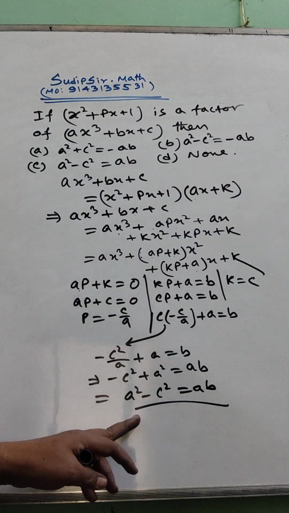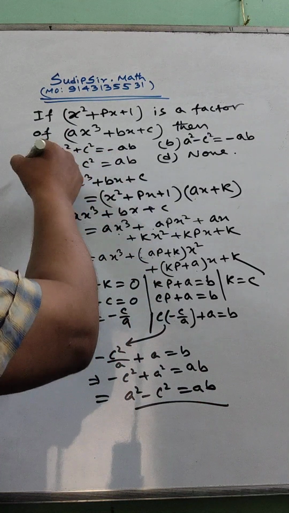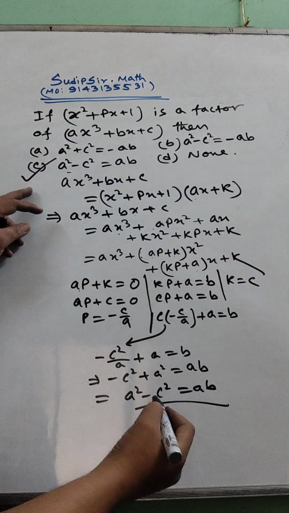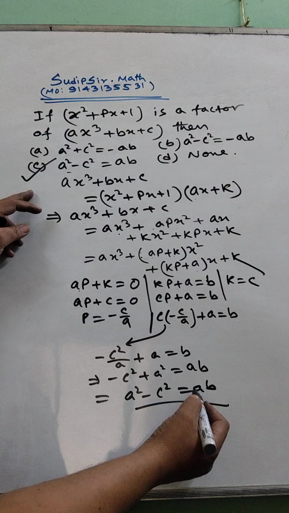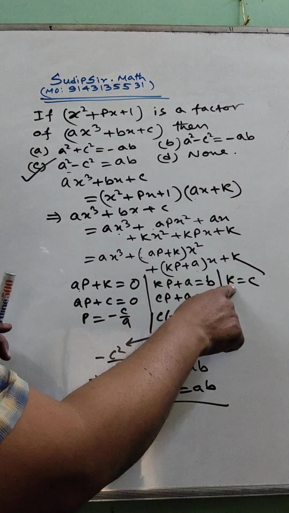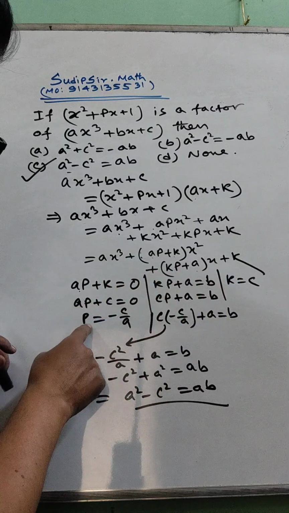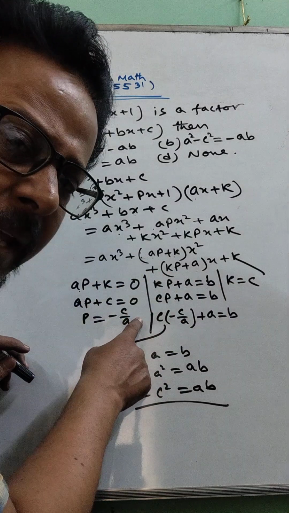So this is the option: a square minus c square equal to ab. C is the correct option. We take k equal to c. Now putting k equal to c, p is equal to minus c by a.